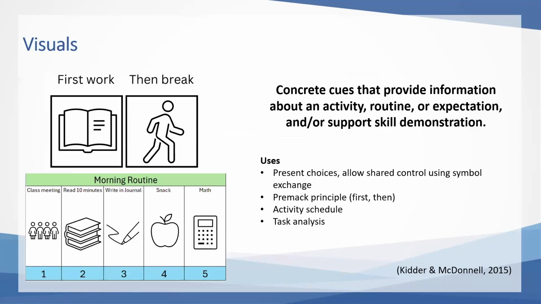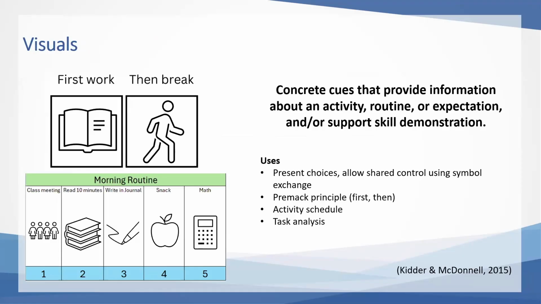Another really effective type of environmental modification is the use of visuals. And we all know about this, but especially for students with autism. Visuals are essentially concrete cues that give students information about an activity, a routine, or what is expected of them, and they can also support skill development.